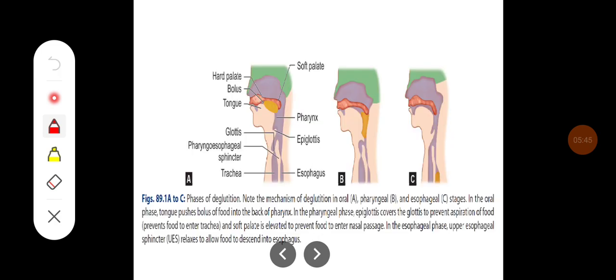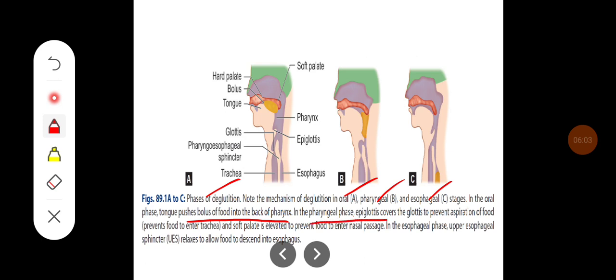So this diagram shows the different phases of deglutition. Note the different phases, that is oral, pharyngeal and esophageal stages. In the oral phase, the tongue pushes the bolus, the food, into the back of the pharynx.